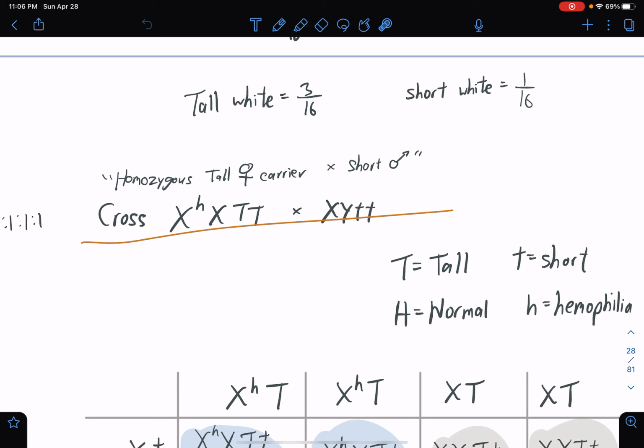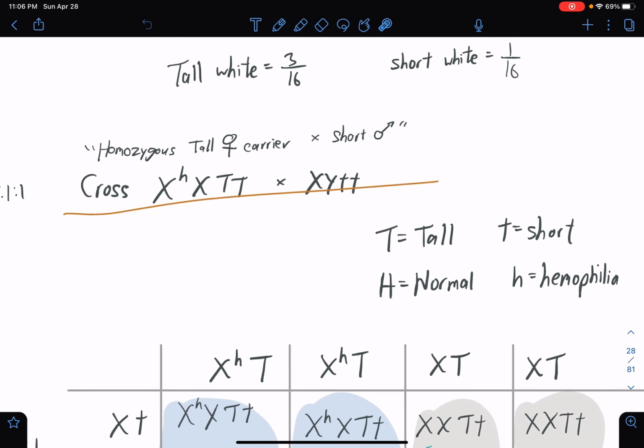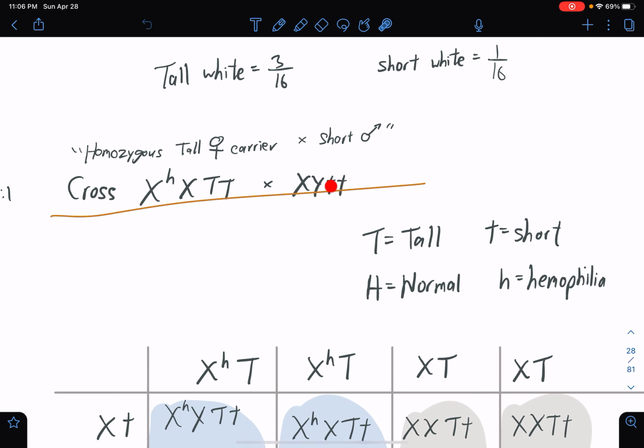We have two capital T's over here, so this is a tall female carrier, and she is homozygous. The other individual, the male, is said to be short because of the tt.